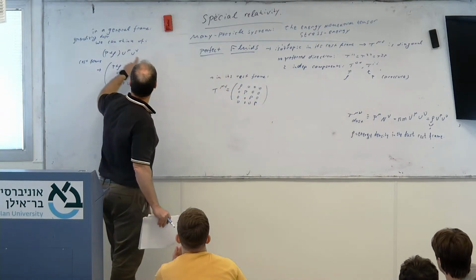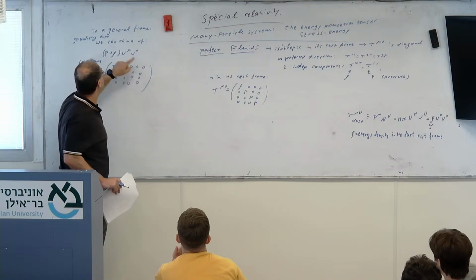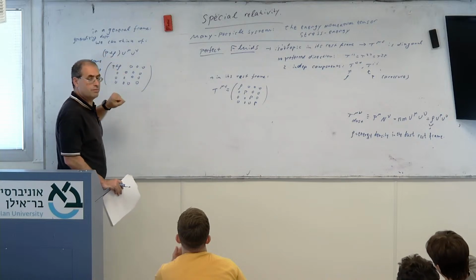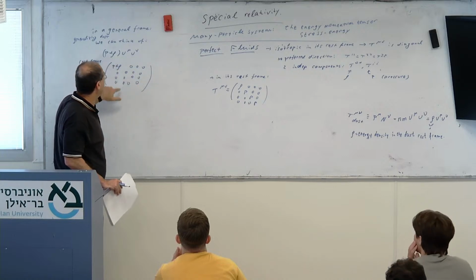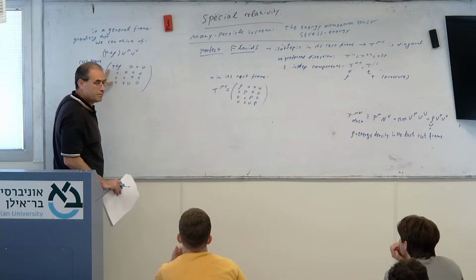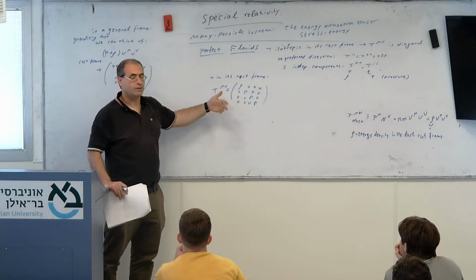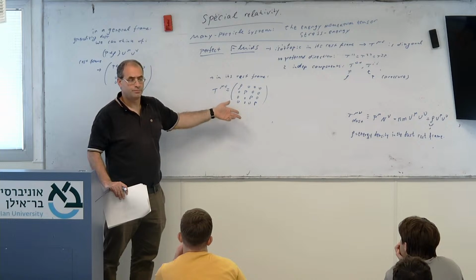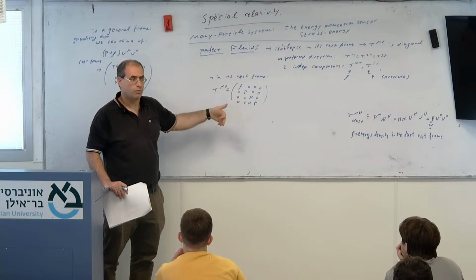So rather than rho times u mu u nu, I can use rho plus P u mu u nu. This is a suggestion. If I do that, I end up that in the rest frame I get this tensor, which is not that one. So if I need to get that one, what do I need to do? I need to add to that some other term. What do I need to add?